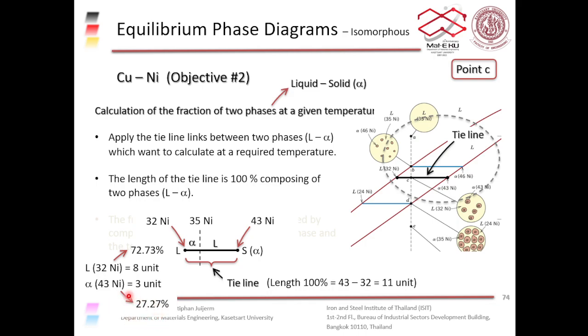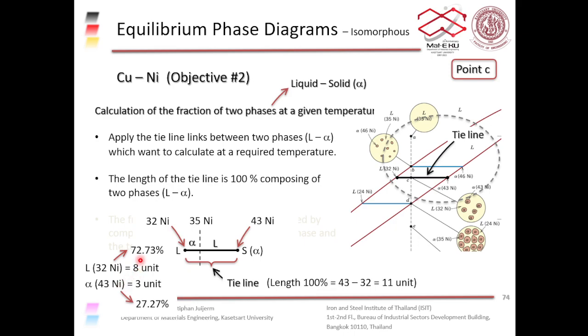So you can find the total amounts of nickel, right? The total amount of nickel to start with in the 100 kilogram alloy is 35 kilograms of nickel, mixed with 65 kilograms of copper, right?